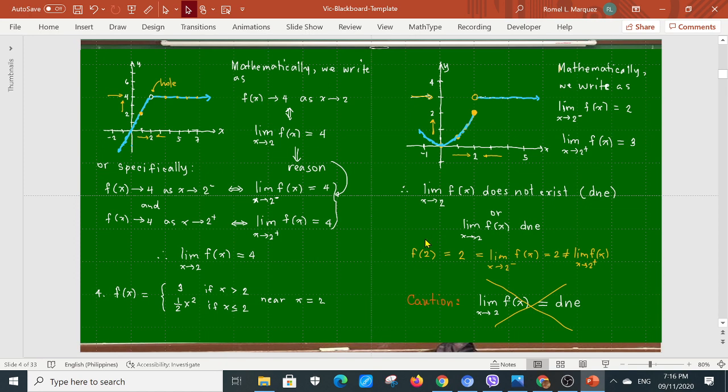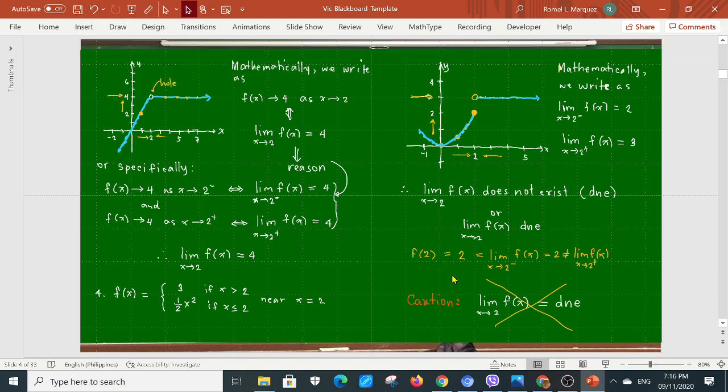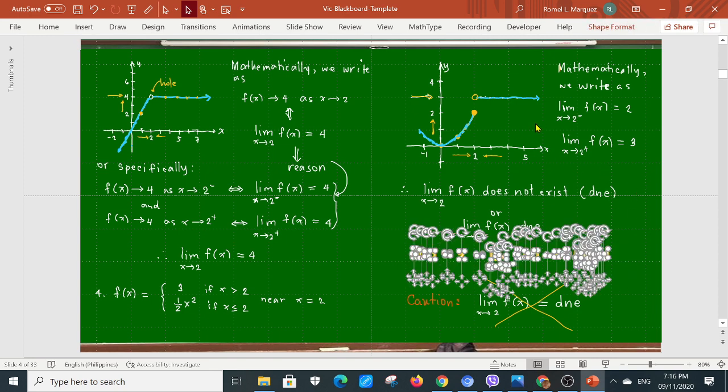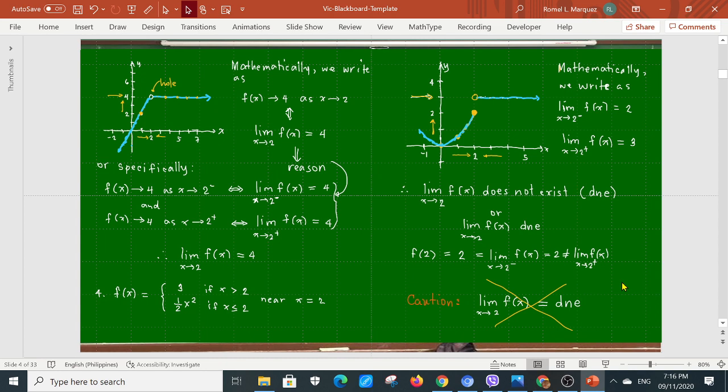Okay, and then let me try to change this to Y. Is it possible for me to change this to Y? Let me check. Y. Yeah, there.